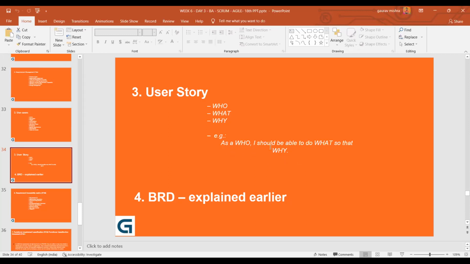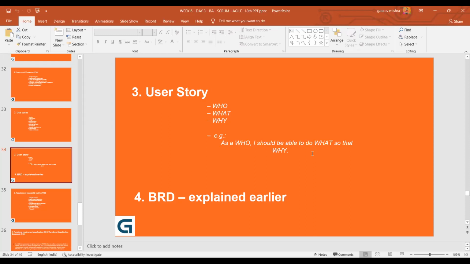So as a user, I should be able to perform this action so that this final impact will be attained. This is how you are going to write a user story in any requirement management tool. And to support it, you can add some screenshots, pictures, images, or any additional supporting document.